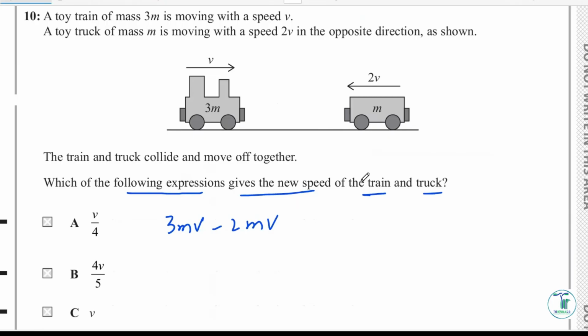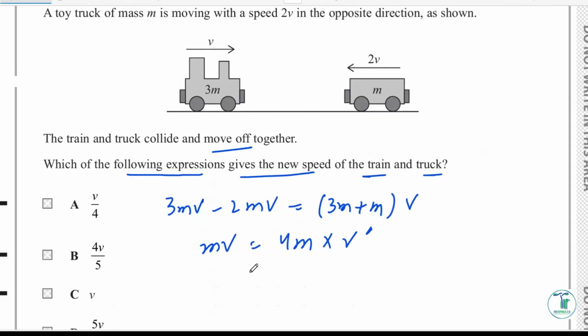And after the collision, they move off together. So the velocity must be the same, but their masses must be 3m plus m times v. So 3mv minus 2mv must be mv, which equals 4m times v hash. That is the final velocity, v hash, I can call it. And then v hash comes out to be mv divided by 4m, and that should be v by 4. So A is the right answer.